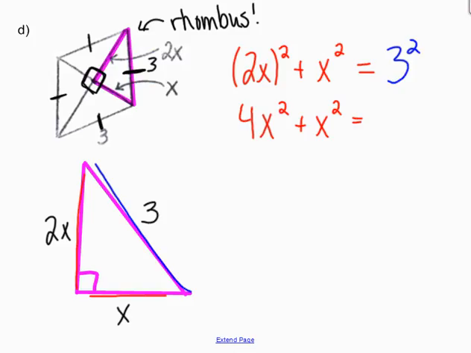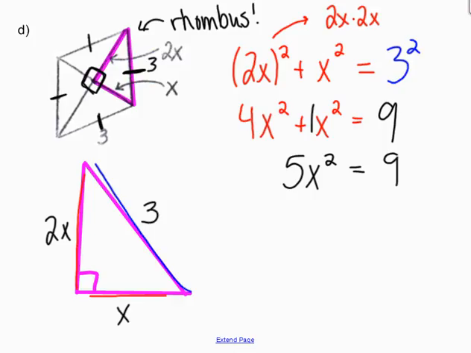Another way you can show this: 2x times 2x, that's what (2x) squared is. 2 times 2 is 4. x times x, x squared. Okay. Again, same as the last one, there's an invisible 1 in front of that x squared, so when I simplify it, I get 5x squared equals 9.